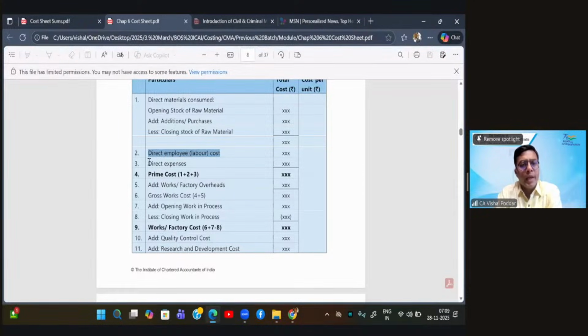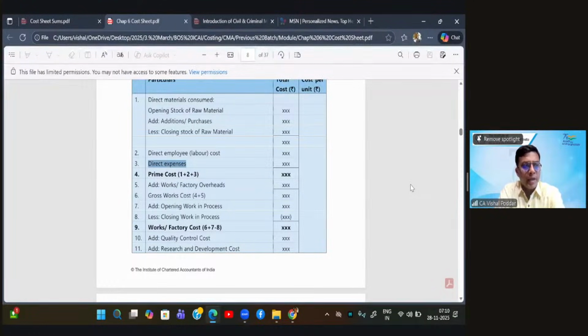Then direct expenses, generally in sums, you will find this very rarely. Out of 10, only 2 or 3 sums have this expense. Now, what is a direct expense? The simplest example is royalty on production. Many times, your product is a branded product, and you are manufacturing it under a brand name belonging to someone else.